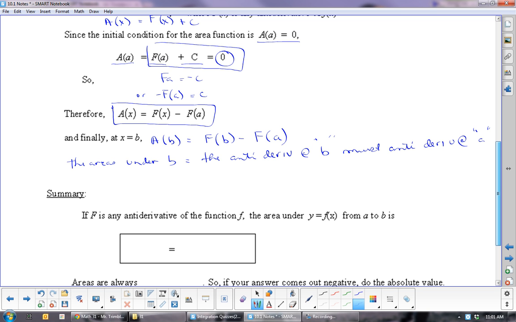Oh, it's supposed to say minus. It's pretty bad when you can't read your own writing. Minus the antiderivative at a.